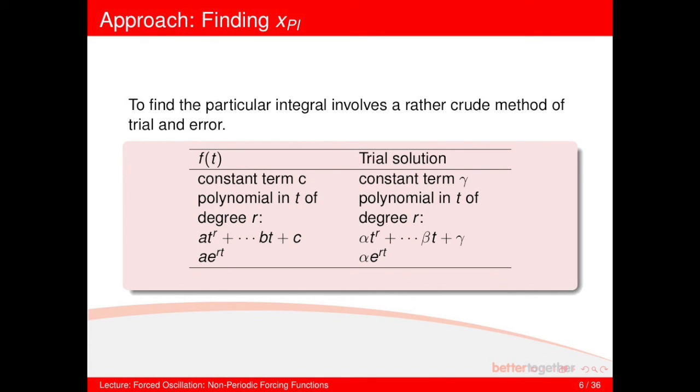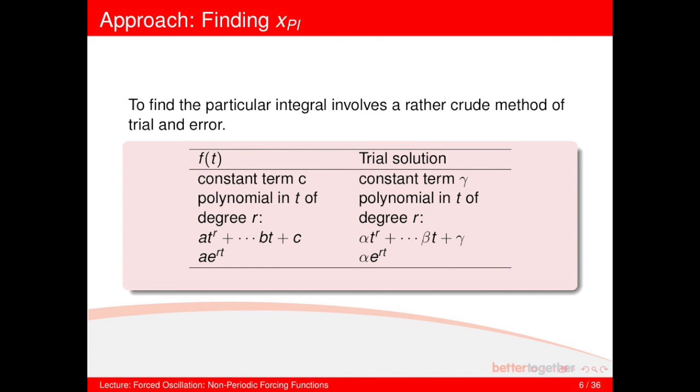Basically, if your force is a constant term, then you make a trial solution that's a constant term, and you solve for what the unknown is. Here, I've called the constant C, and these Greek terms down here are all the things that we're going to try and work out. We go through and solve it.